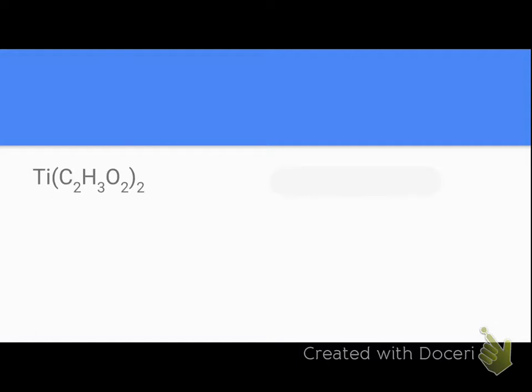All right, this one is also already in parentheses for you, so it makes everything a little bit easier to identify. So first thing I have to do, identify my cation. It's right there. That's going to be titanium.